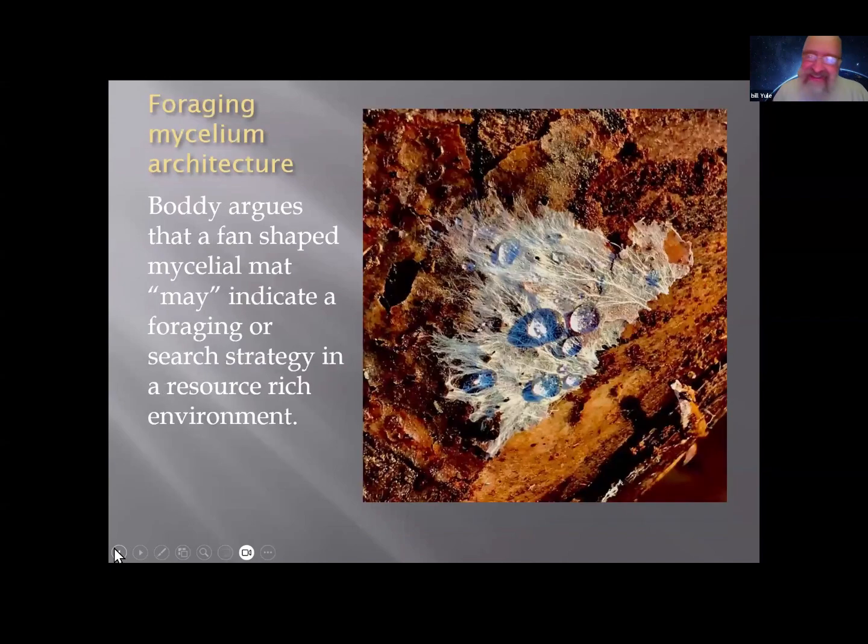It stretches out into the forest here and it finds a log. What'll happen is all the other mycelium will contract and form a cord here, so it can shuttle all its resources to the newly found substrate.